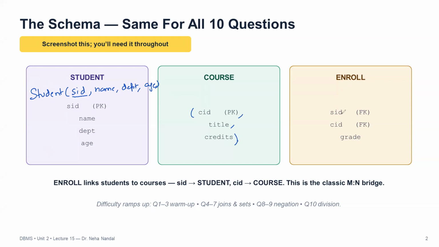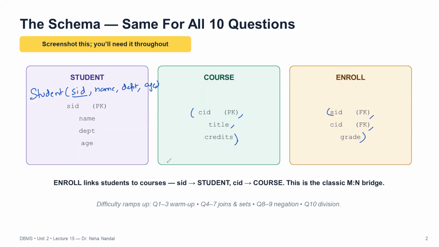In the same way, enroll: SID, CID, and grade. You can observe enroll is one schema where there is no primary key. There are only foreign keys. So basically, enroll is a relationship. Enroll links student to course.